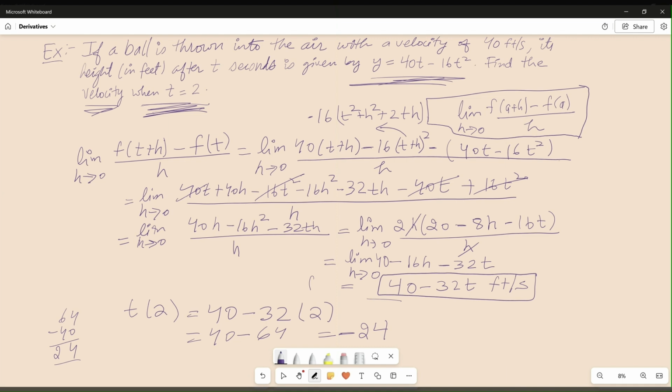Since we've been asked to find the velocity, it's important to write feet per second as well. And this is our answer.